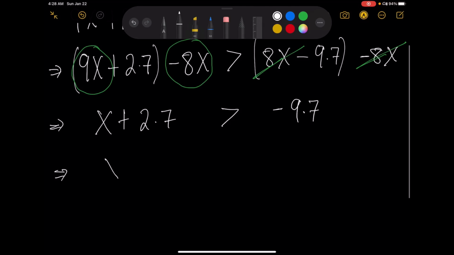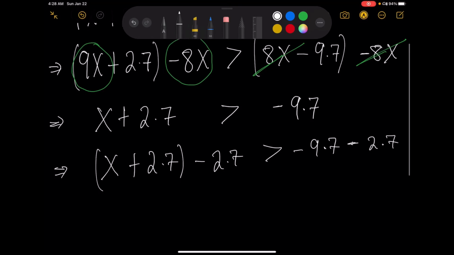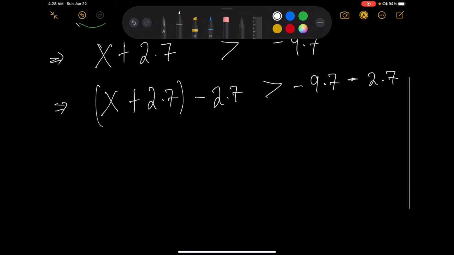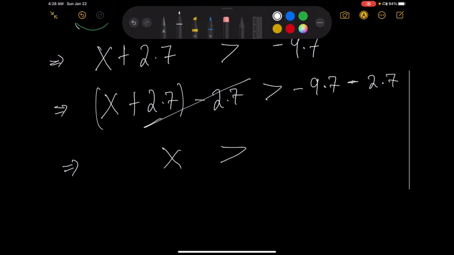This implies, now from both sides what do we subtract? We subtract 2.7, or add negative 2.7, to both sides: greater than negative 9.7 minus 2.7. You can also say subtract 2.7 from both sides. Then 2.7 and 2.7 cancel, and we get x is greater than negative 12.4.